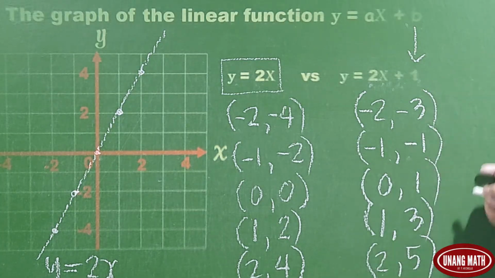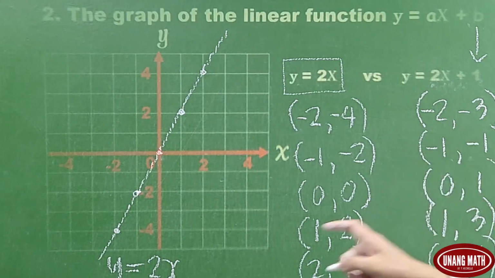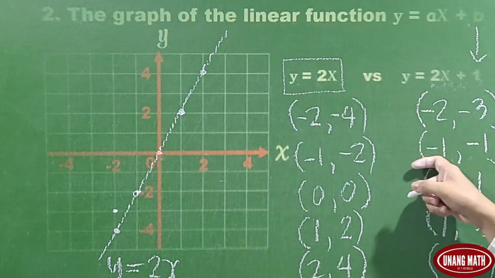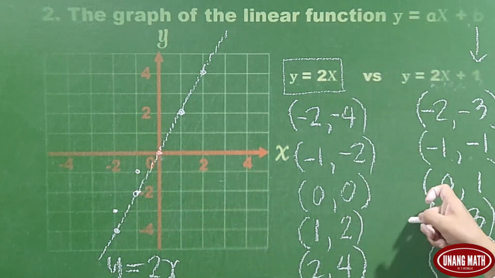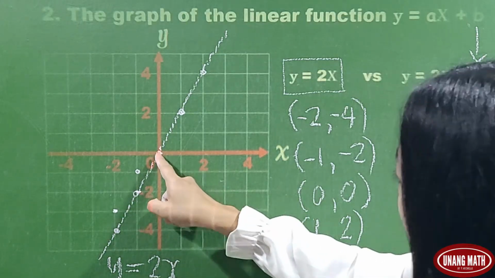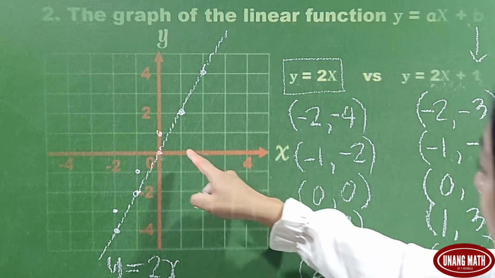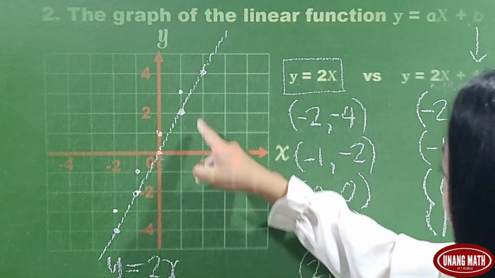Okay, let's plot these points in our coordinate plane. -2, -3, this point. What about -1, -1? Okay, this point. 0, 1, this point. 1, 3. Okay, this point. 2, 5.